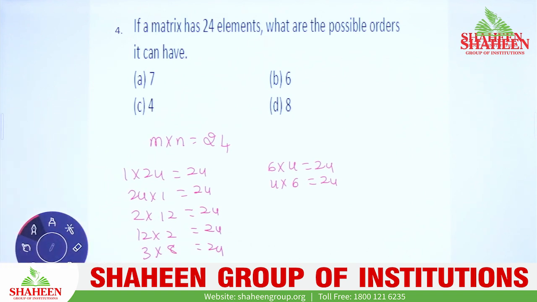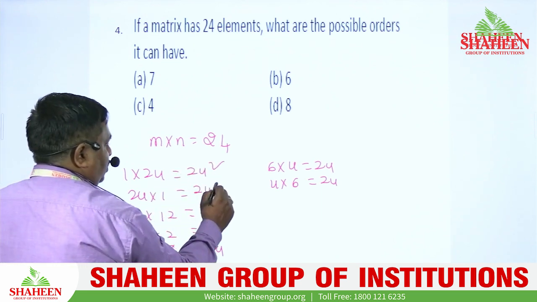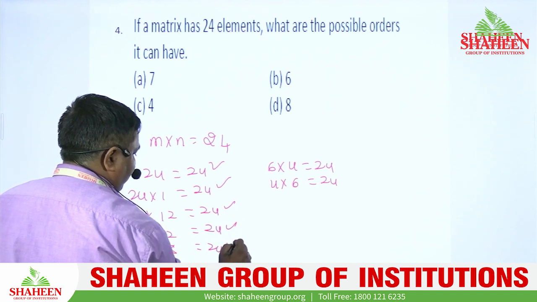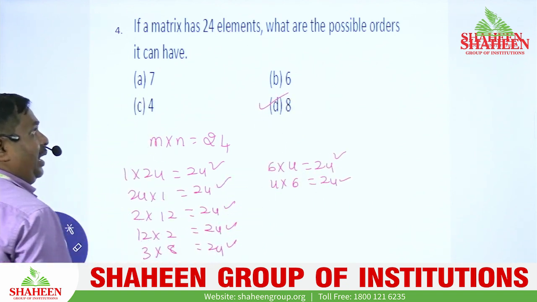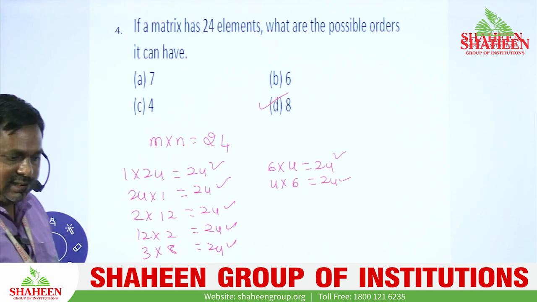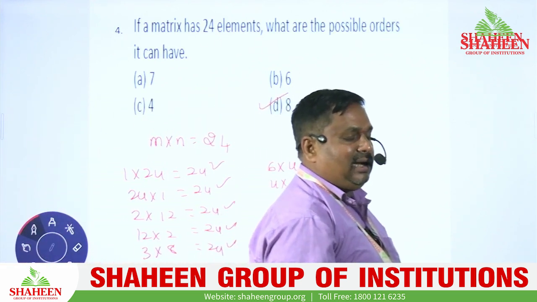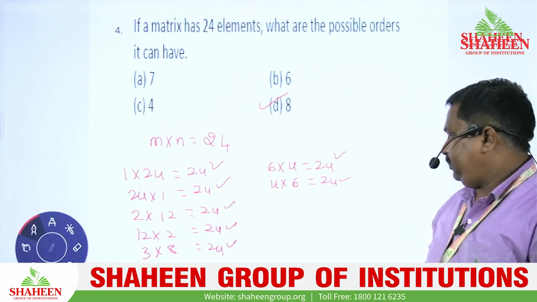Okay. So these are the possible orders it can have. Count them. 1, 2, 3, 4, 5, 6, 7, 8. So it has 8 possible orders. Then our correct answer is 8.